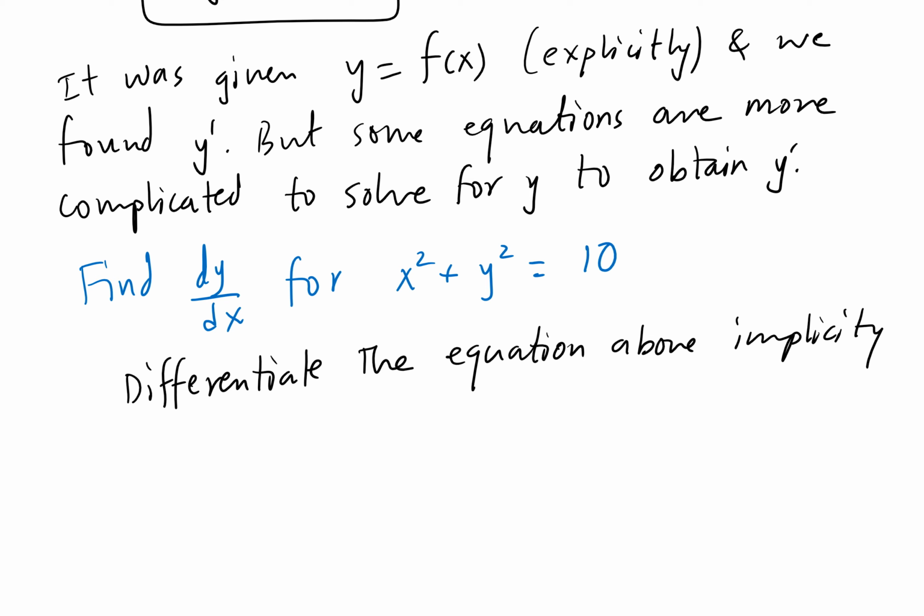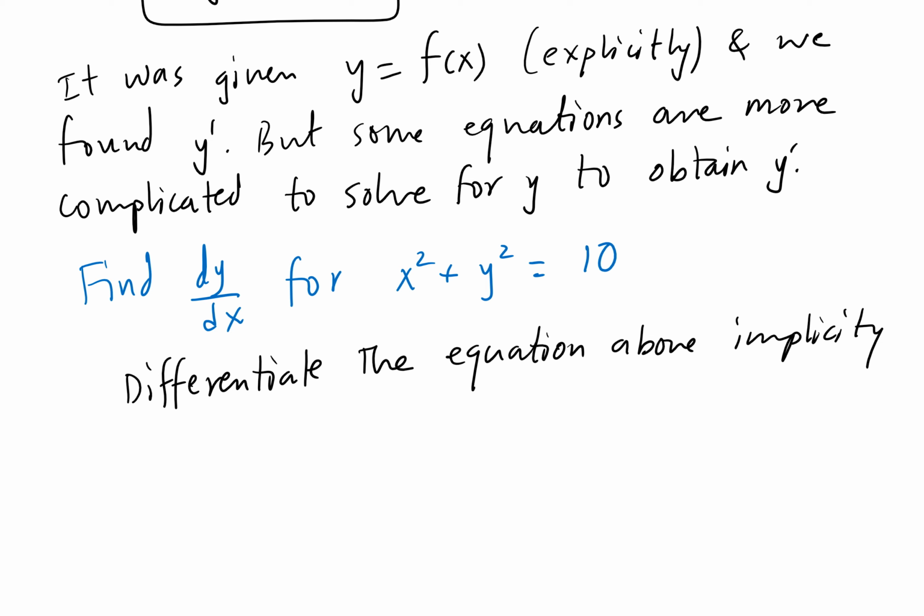Well, someone will say, wait, I can solve for y. Yes, you can. But as I said, for some equations it can take a lot of time to solve for y, if you are able. I'll show you an example where it's almost impossible to solve for y. That's why we differentiate both sides of the equation implicitly.